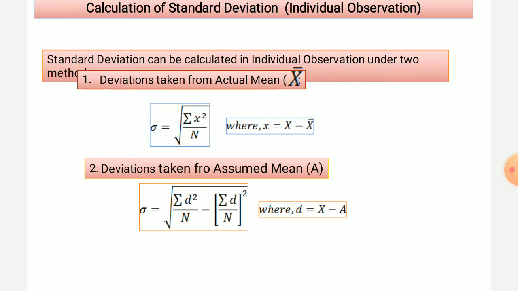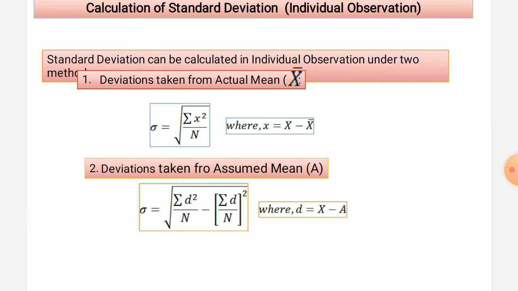They are deviations taken from the actual mean or arithmetic mean. When the actual mean is used for taking deviations of all the items, the formula to calculate sigma is equal to root of sigma x square by n, where x is equal to x minus x bar.